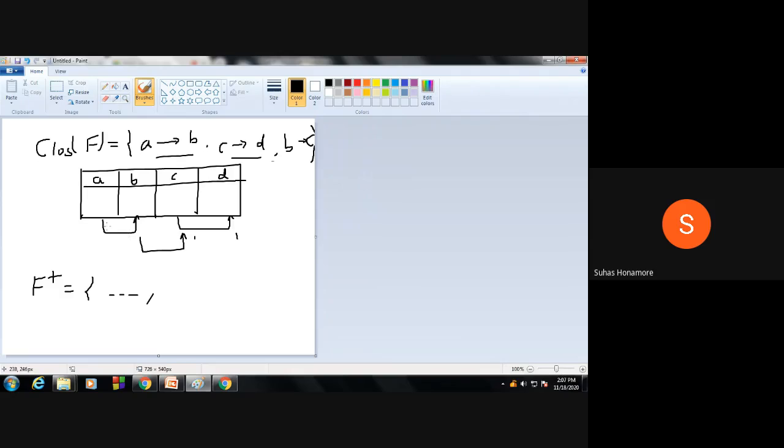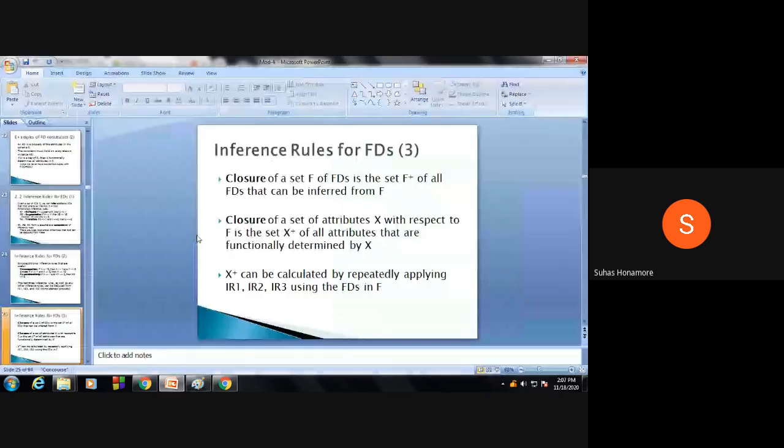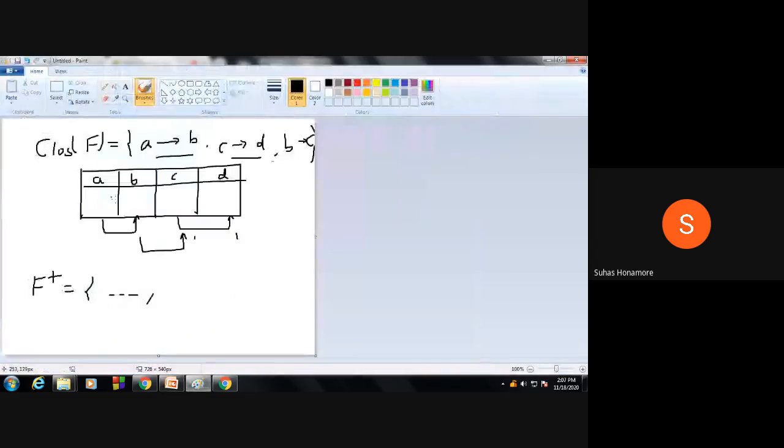Now, A to B is there, B to C is there. If I apply the transitive inference rule we studied, that is, X to Y is there, Y to Z is there, it means I can get X to Z. So A to B is there, B to C is there, so I can get A to C. This was not there in my previous FDs, so in the F set we did not have it; here I can add A to C. Same thing, B to C is there, C to D is there, so I can add B to D. This is again transitive.